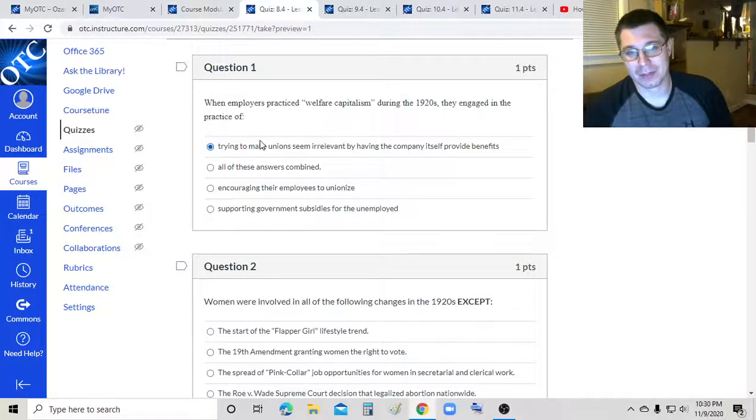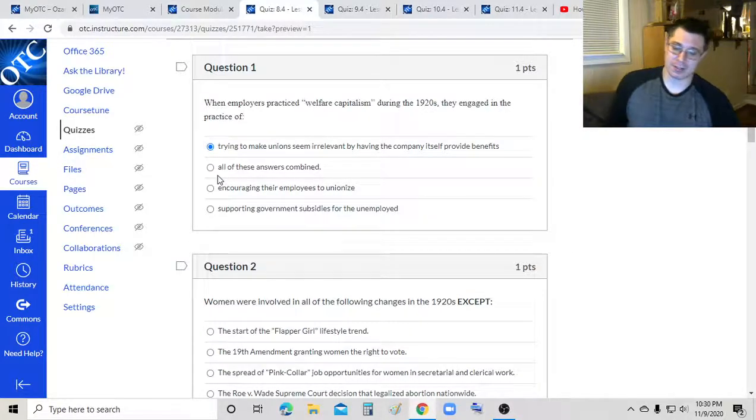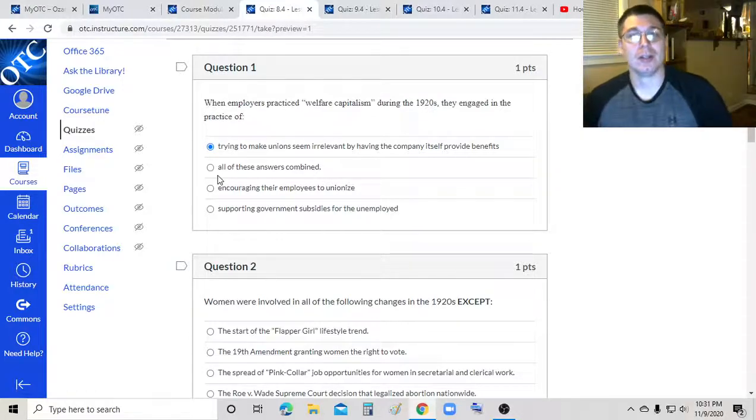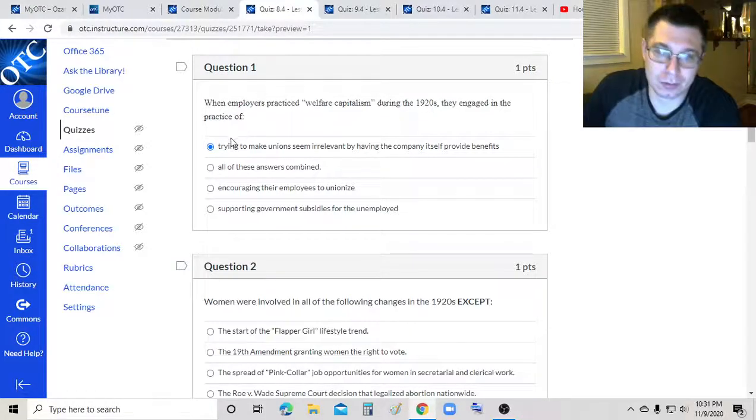So businesses are trying to de-radicalize their workers and convince them that unions and radical political parties are not necessary in the first place because the companies themselves will take care of workers well enough.